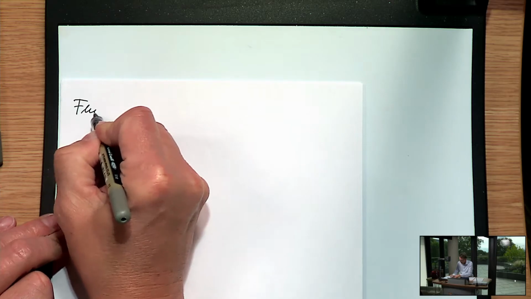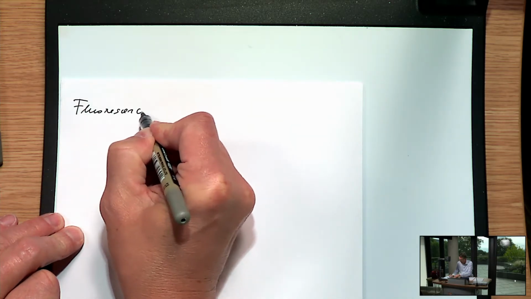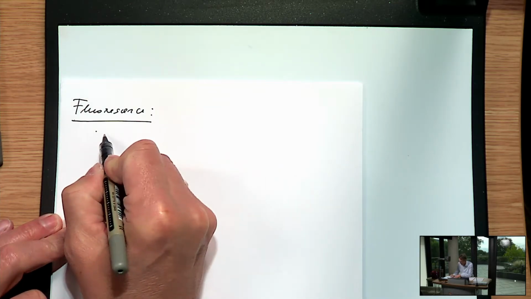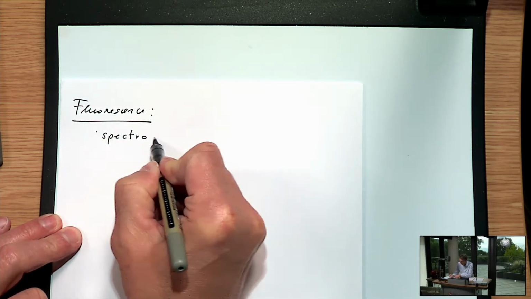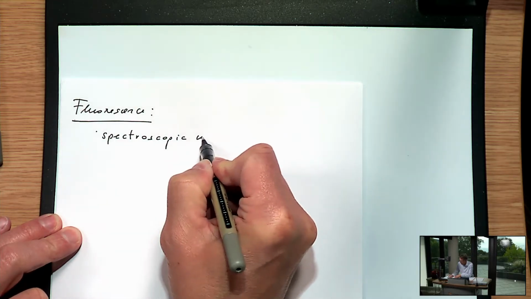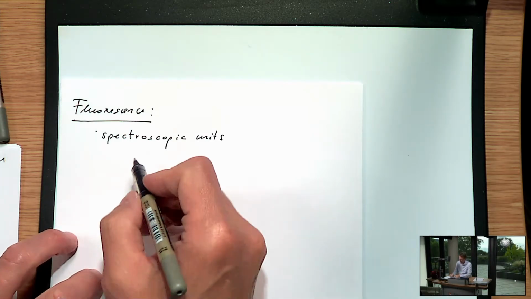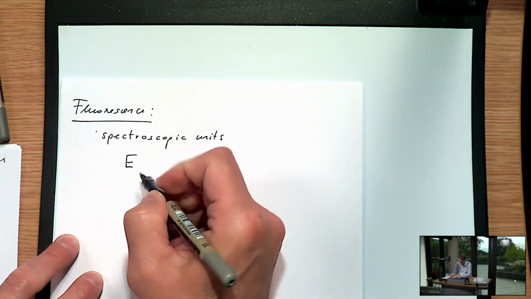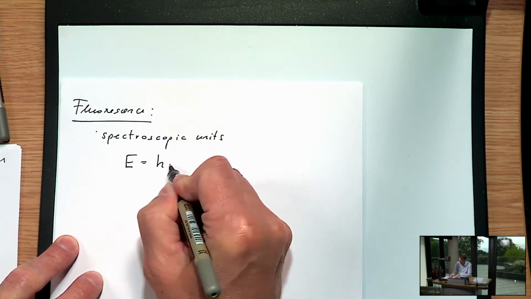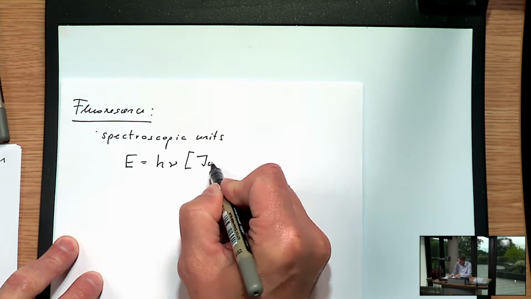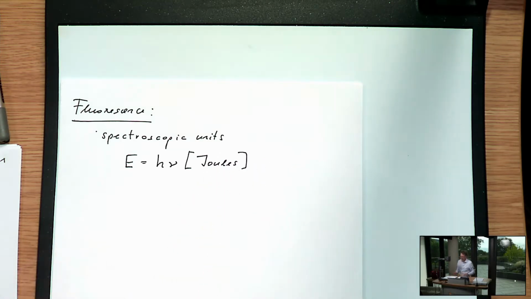So let's call this section fluorescence, and we begin by looking at important spectroscopic units that you will need to remember. So the energy of a photon is given by h times nu, and the units of this are joules.